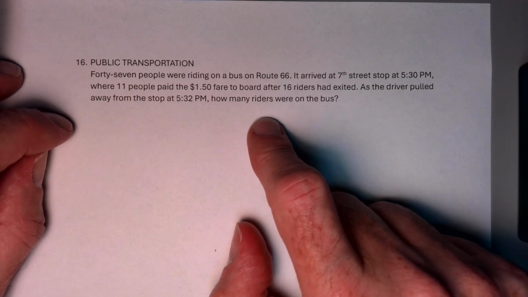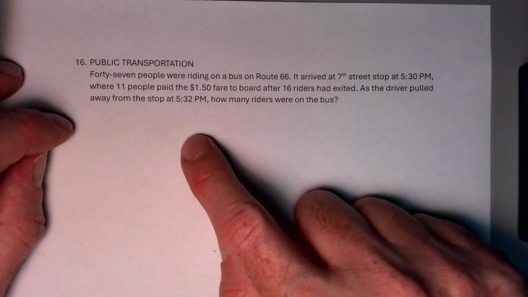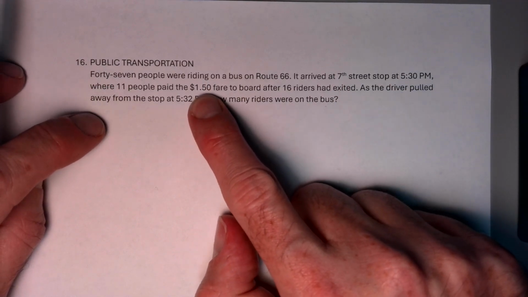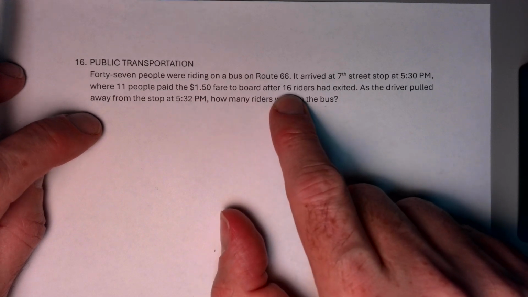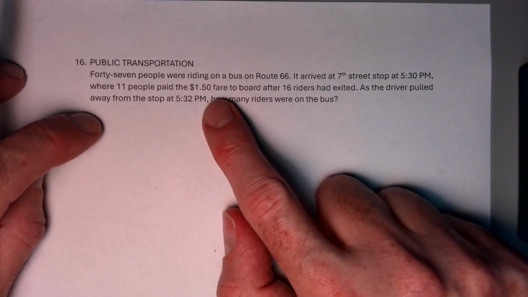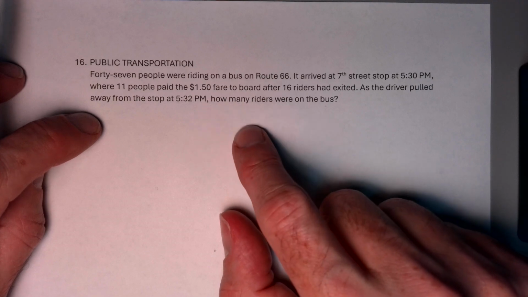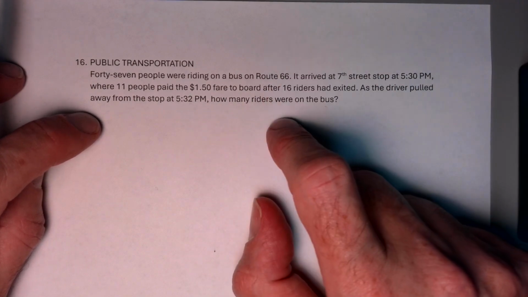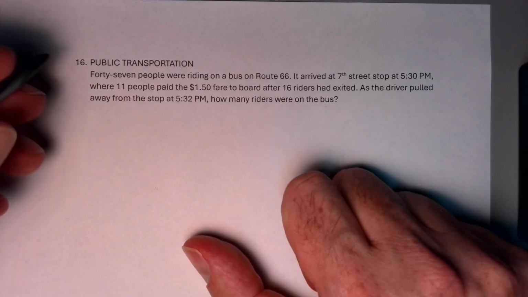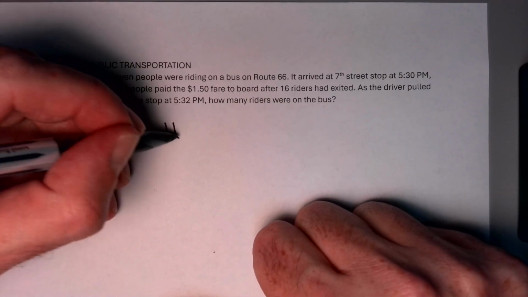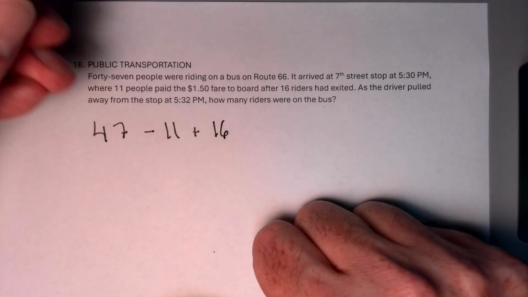How many people are on the bus? It doesn't matter how long the bus was at the stop. This also doesn't matter. The fact that each of these riders paid each of these 16 riders paid $1.50. We're not interested in how much money is in the till. We're interested in how many riders were on the bus. Okay, so we started with 47 people on the bus. 11 people got off, 16 people got on.